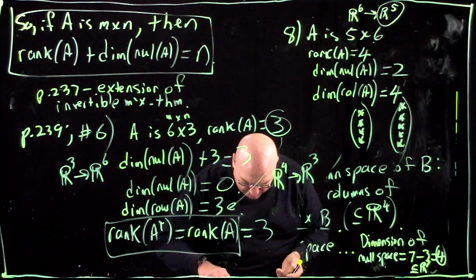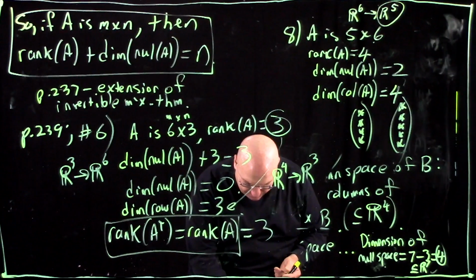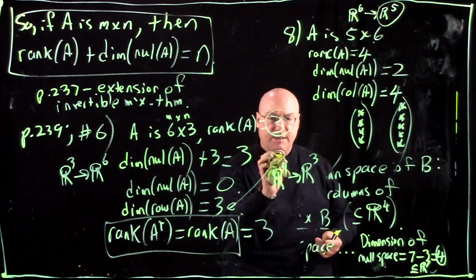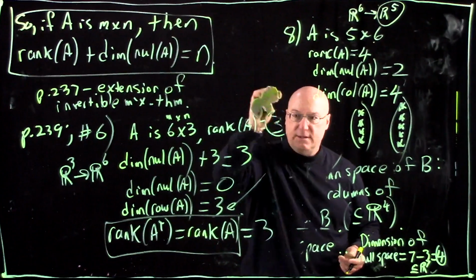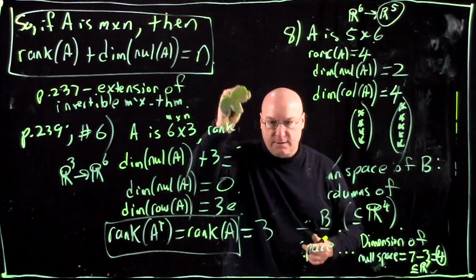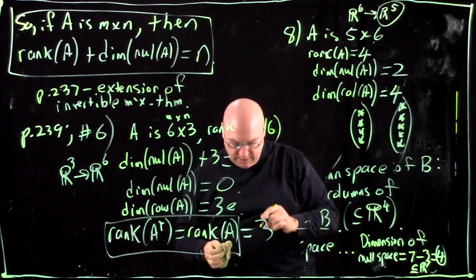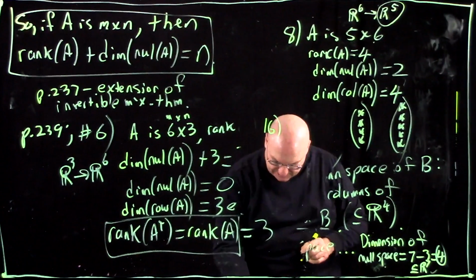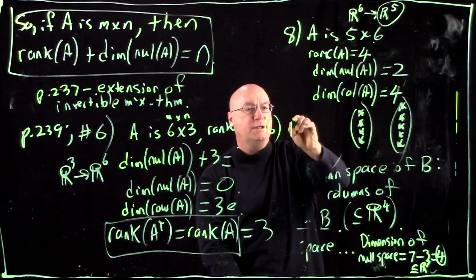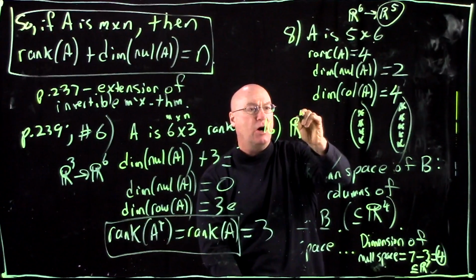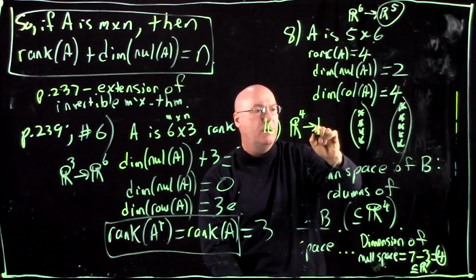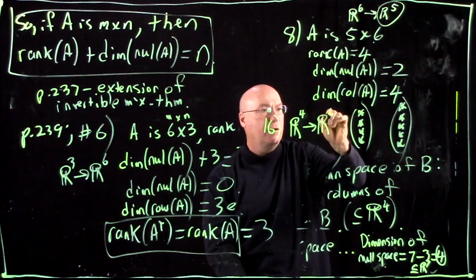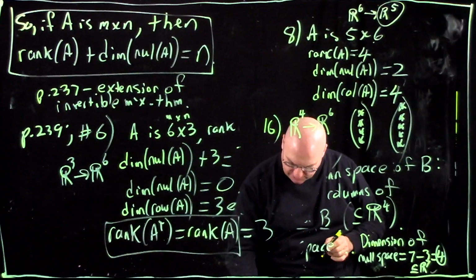All right, let's see. Number 16. I really like it. A is 6 by 4. So multiplication by A takes R4 to R6, correct?